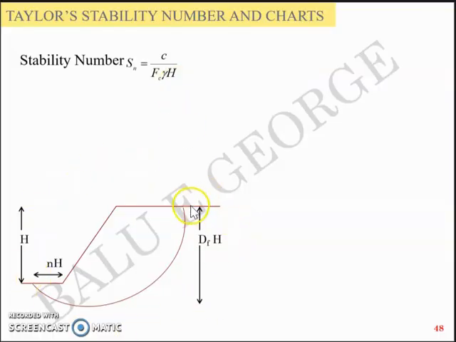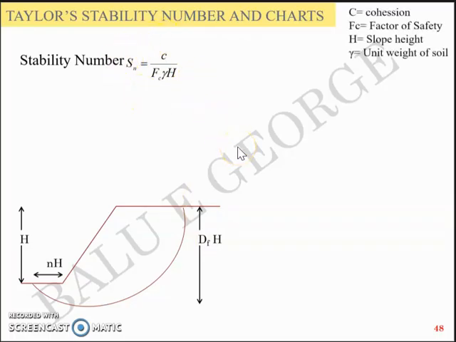So a figure is shown here where slope height h is marked, and the base width of this berm is n multiplied by h, and the total depth of the failure surface, the slip surface, is df multiplied by h. Based on this he formulated this relation, the stability number, where C is the cohesion, Fc is the factor of safety, h is the slope height, and gamma is the unit weight of soil.